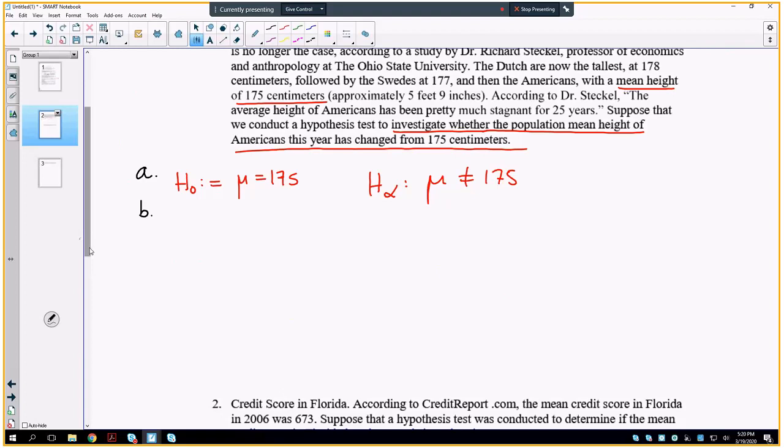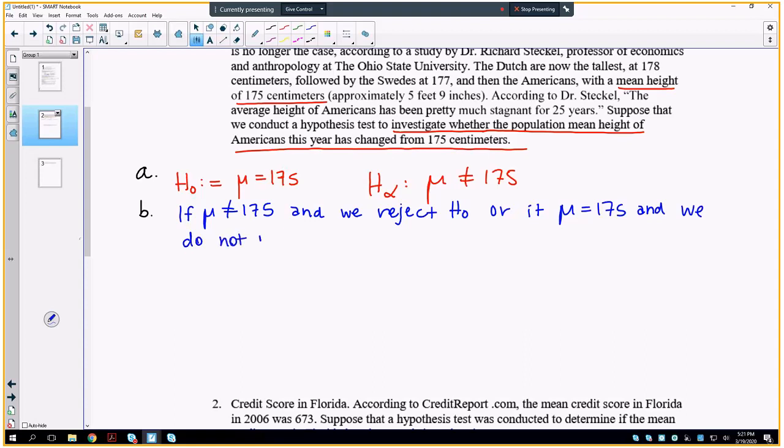So if mu is not 175 and we reject the null hypothesis, or if mu is 175 and we do not reject the null hypothesis, then we're correct.